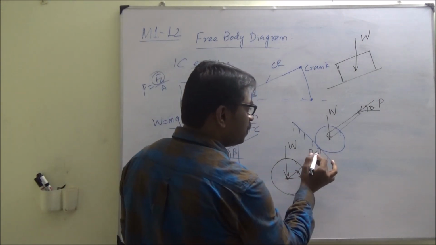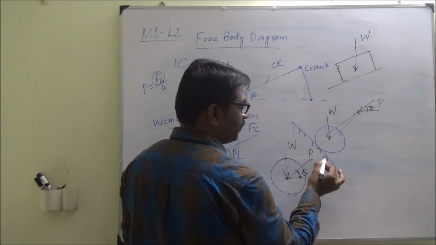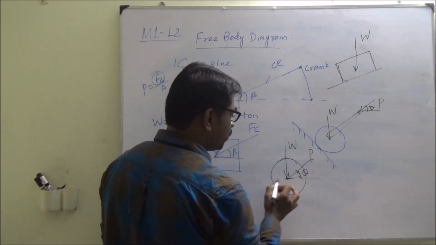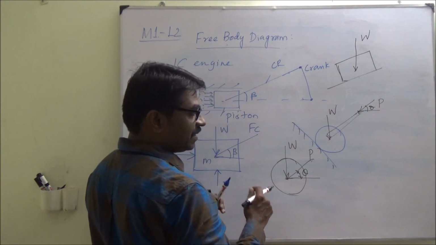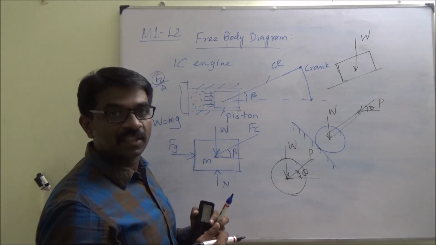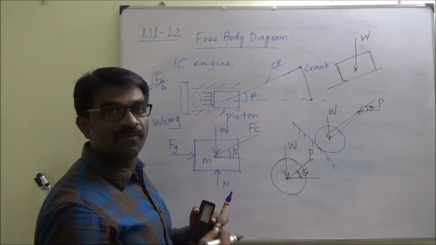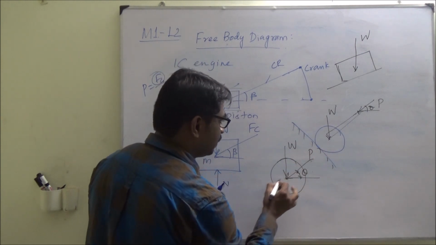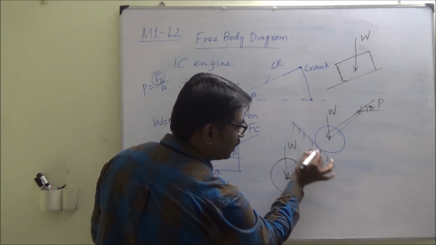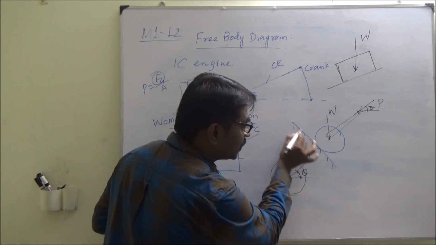Now I am separating this body from a surface. So I am not going to show the surface here, but instead the reaction force, the force exerted by the wall or the surface onto the cylinder, that will be perpendicular to the surface.